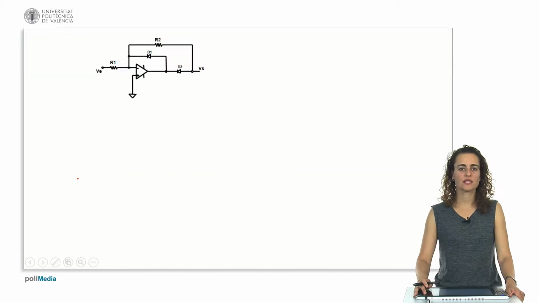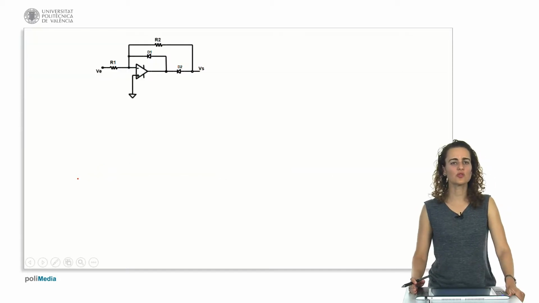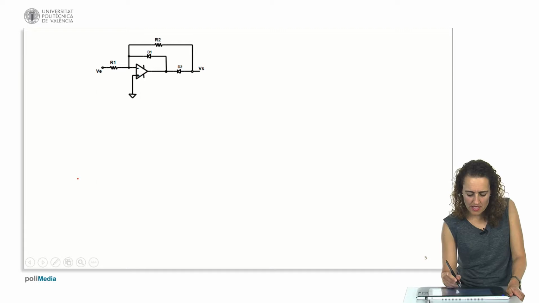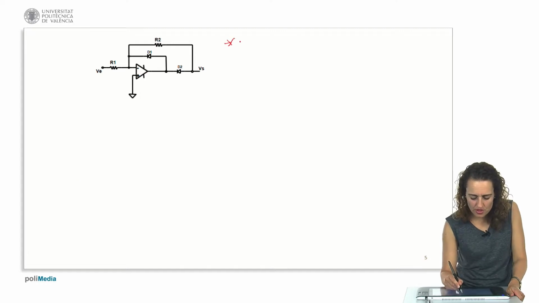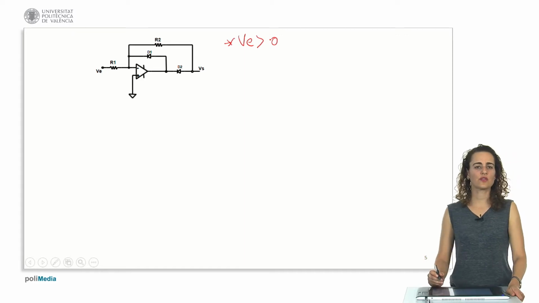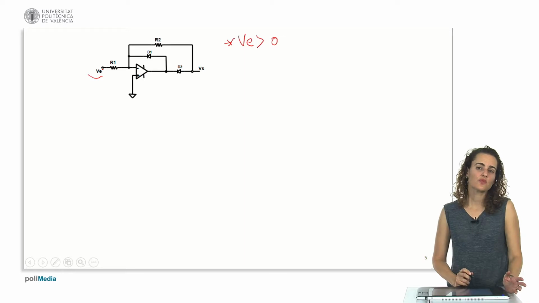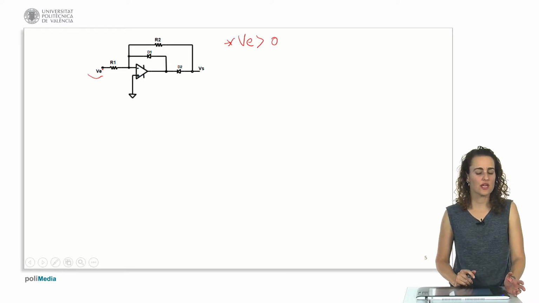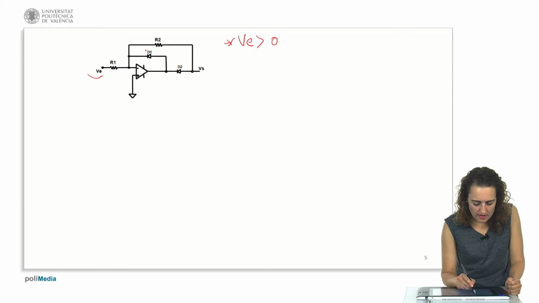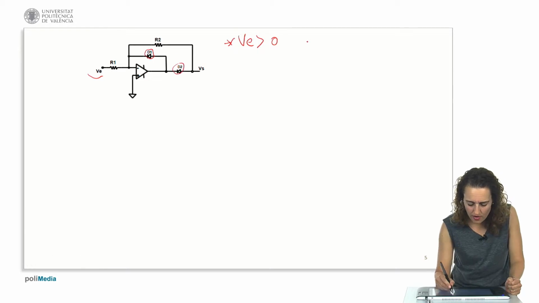To analyze this circuit, I'm going to suppose a first case in which the input voltage VE is positive. Let's make a supposition for the state of the diodes: I'm supposing that diode 1 and diode 2 are off.